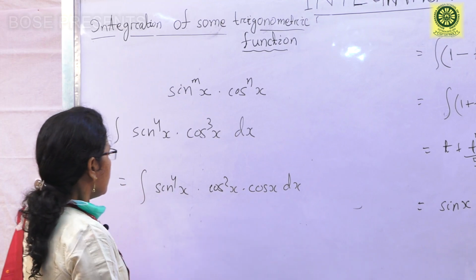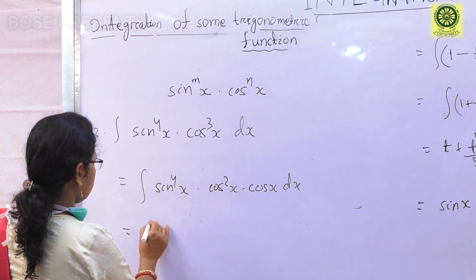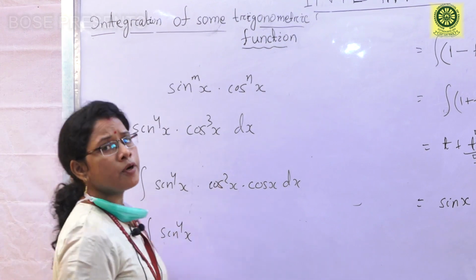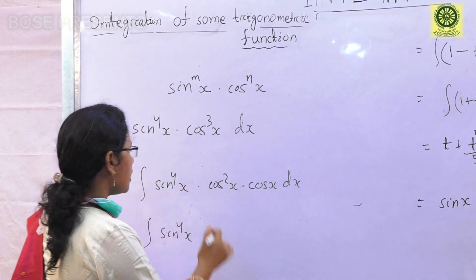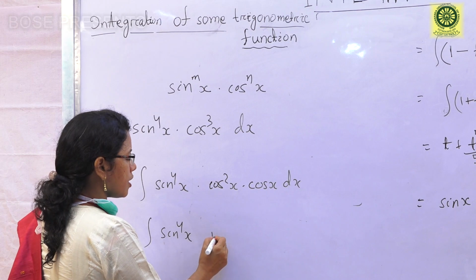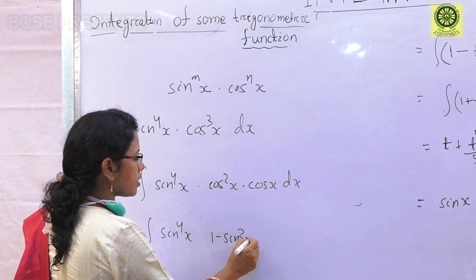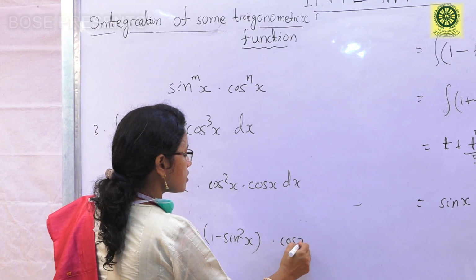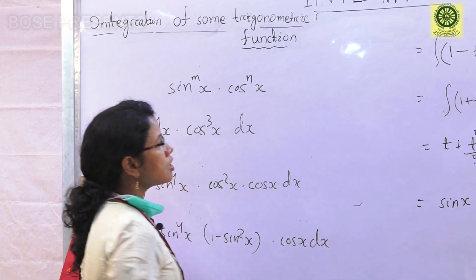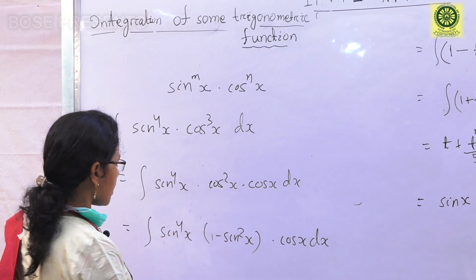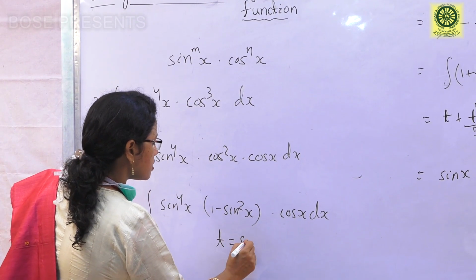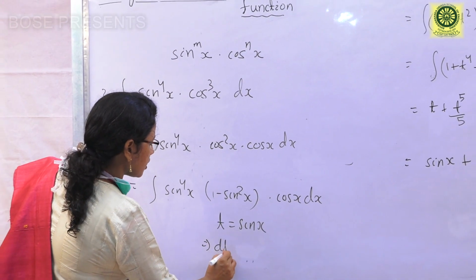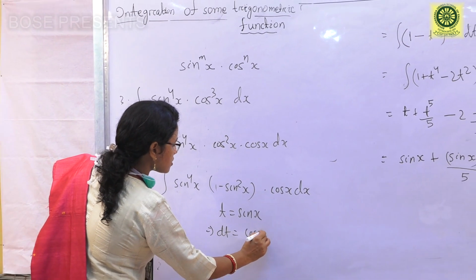Now just convert this cosine function into sine function. That is, just replace this cos square x with 1 minus sin square x, then into cos x dx. As in our previous problem, just take t as sin x. That implies you will get dt equal to cos x dx.